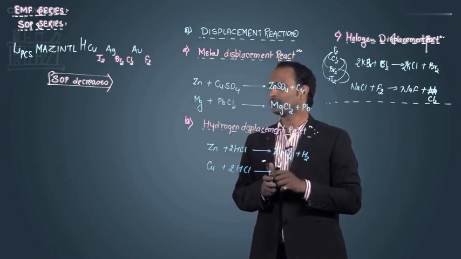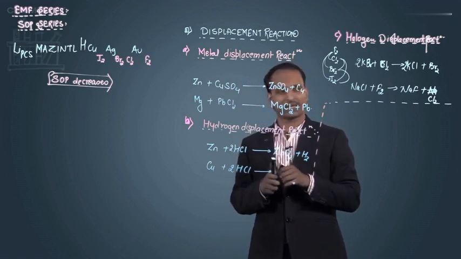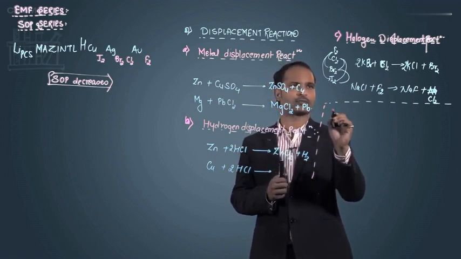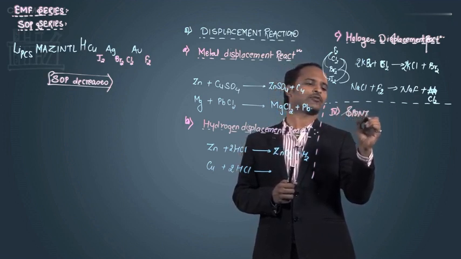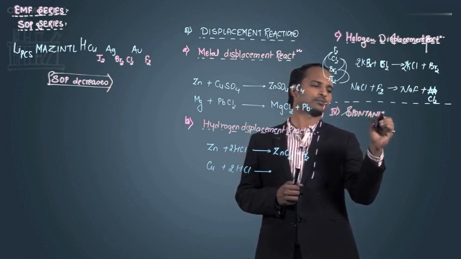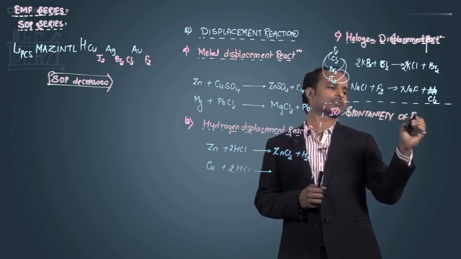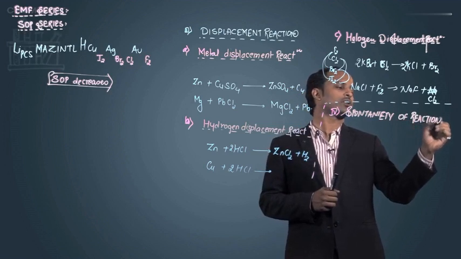The next application, that is the fourth one, is to decide the spontaneity of a reaction, to predict whether the given reaction is spontaneous or not.